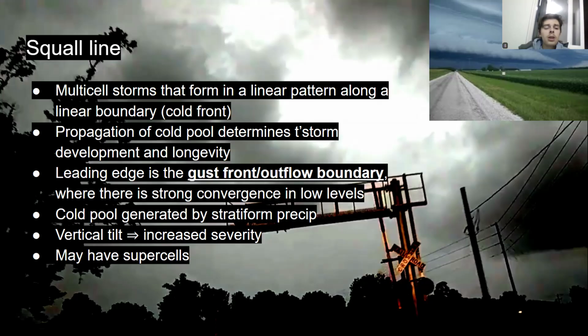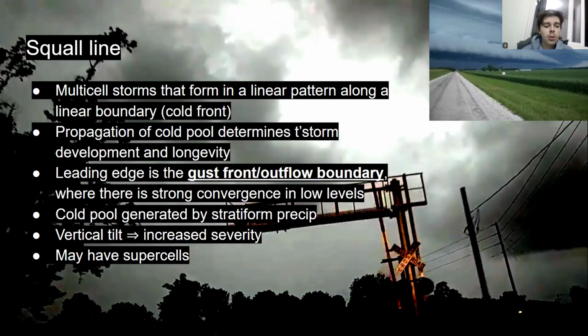The propagation of the cold pool determines the thunderstorm development and longevity. And the leading edge is the gust front or outflow boundary, which we talked a little bit about before. And there is going to be strong convergence in the low levels.